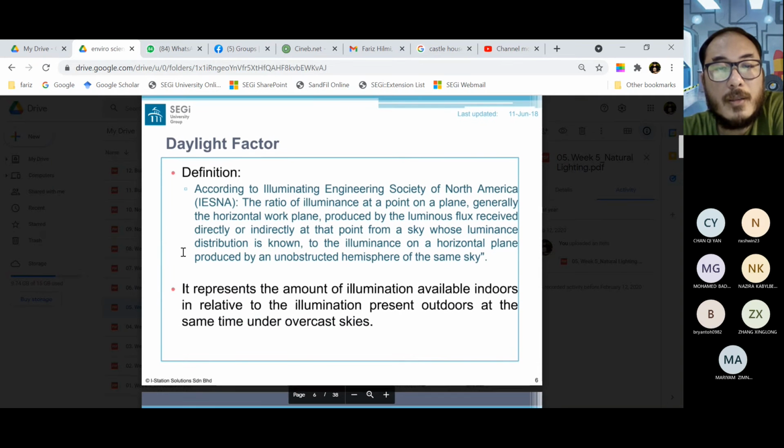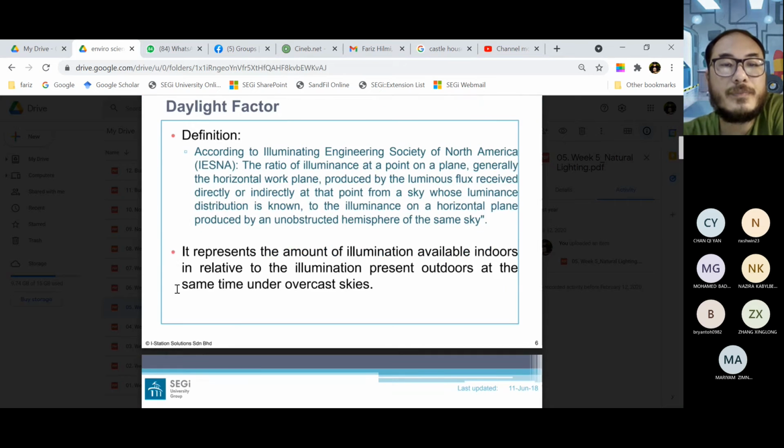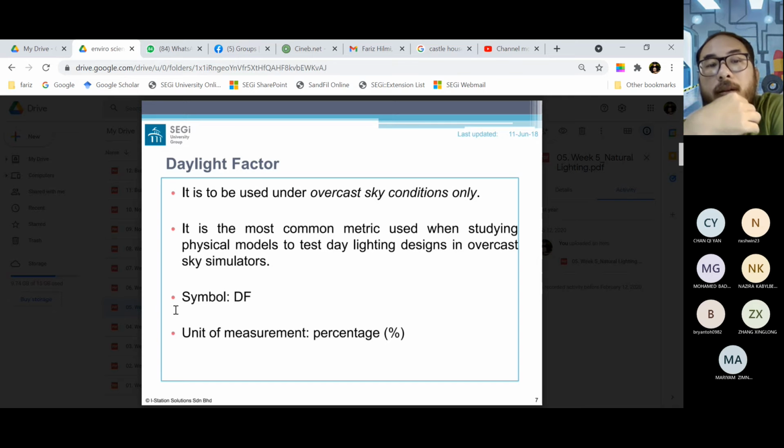Daylight factor represents the amount of illumination available indoors relative to the illumination present outdoors at the same time under an overcast sky. It is used based on overcast sky conditions only.